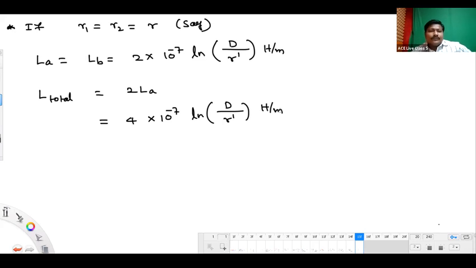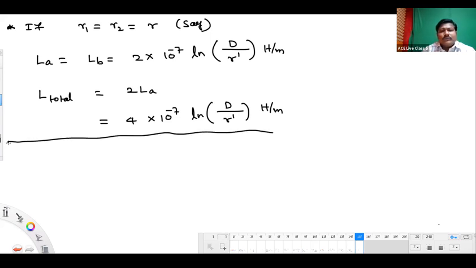Okay, done. Next thing. See, whatever the LA formula we have now, I'm going to divide that into two parts. Maybe this equation you consider: 2 into 10 power minus 7 ln of D by R dash.